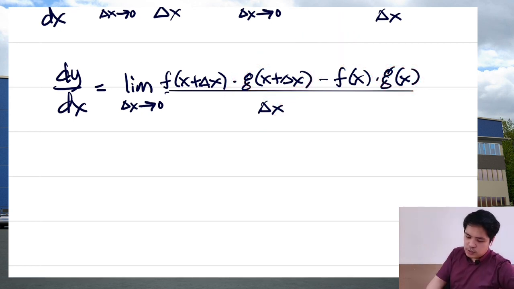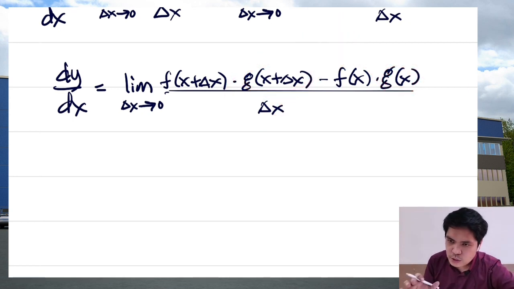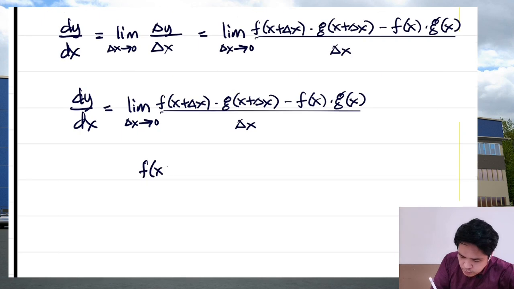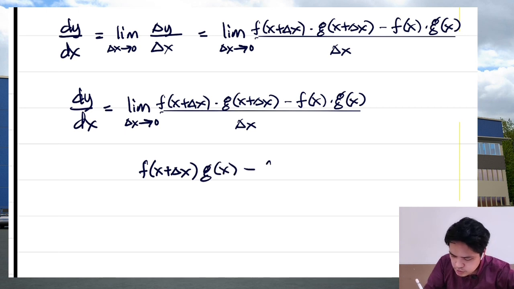Okay, so let us manipulate this by just subtracting and adding. It's like adding an identity. The additive identity, we know that is 0. So let's just add 0 to this. But our 0 is in the form f of x plus delta x times g of x minus f of x plus delta x times g of x. Right?